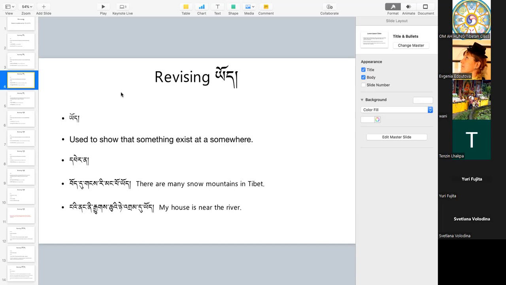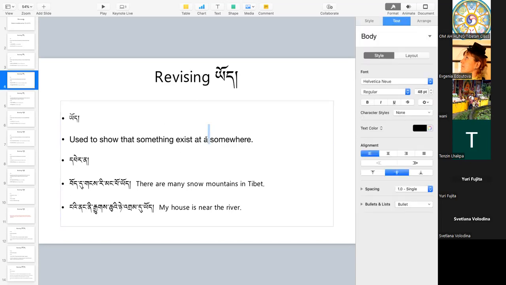Now, the third case is used to show that something exists somewhere. So it shows that something exists at a position somewhere. So it confirms the existence of something at a certain place.